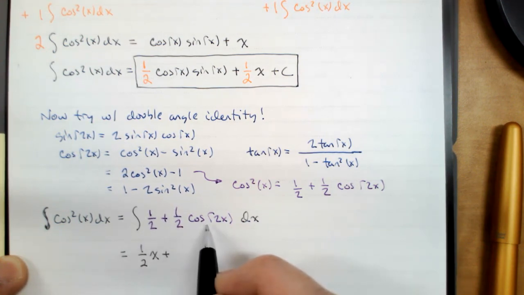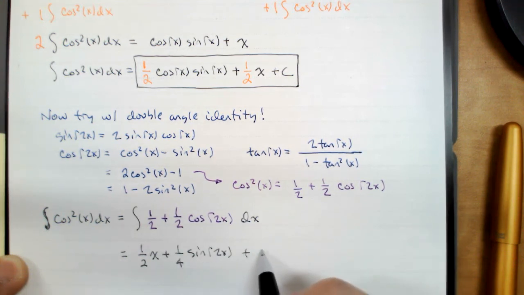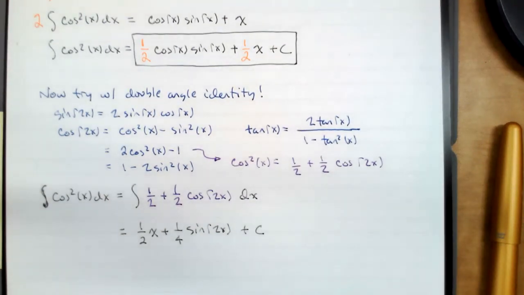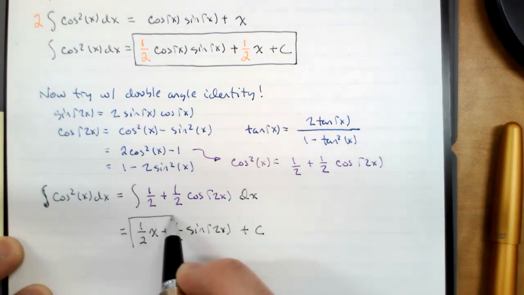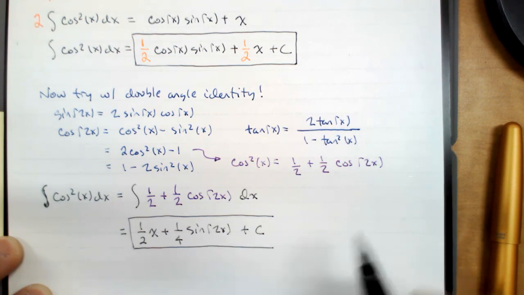The integral of cosine of 2x is sine of 2x divided by 2. No parts required, barely a substitution.